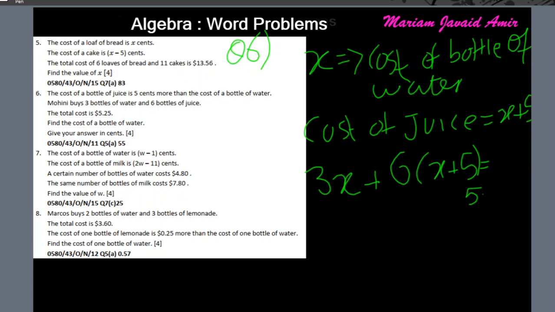And there's a problem: we have cents here and dollars here, so we'll write 525 cents here, not 5.25. So 525 directly. Now open this and rearrange and get the value of x yourselves.